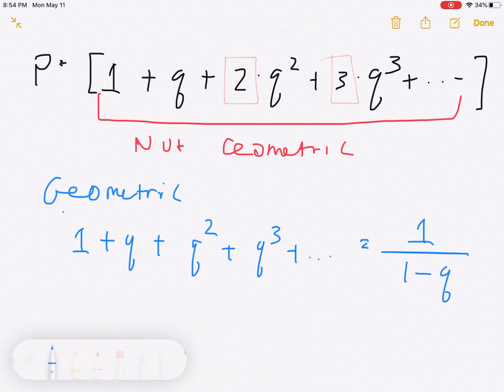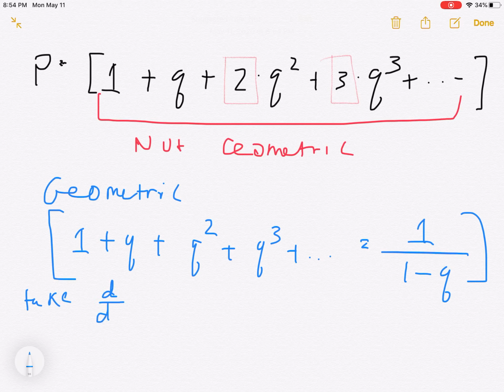But what I'm going to do here is take the derivative, d by dq. If I differentiate the 1, I get a 0, so I'm just not going to write it. Differentiate the q, I get a 1. I differentiate q squared, that's 2 times q to the first power.